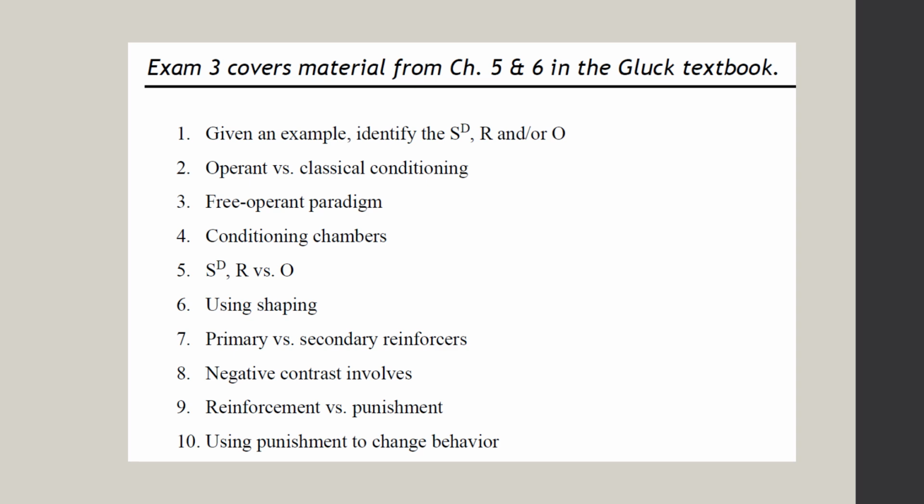Let's see, primary versus secondary reinforcers. This is one of those where it's going to ask you for one or the other and give you a list of options, and you have to pick out which one's correct. Number 8, negative contrast involves. This is kind of an applied question in terms of what would it look like in an example.